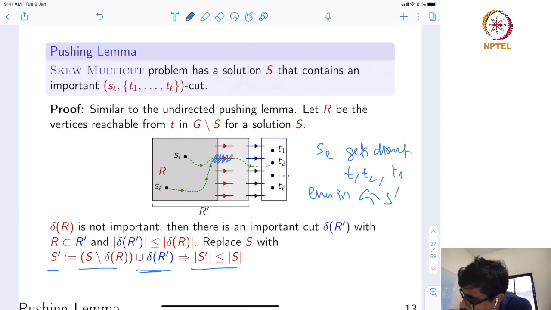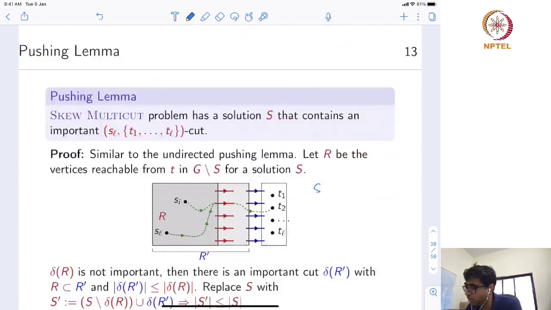It means that the path from SI to TI must be coming inside this R prime, or in fact in R. But what is the property of that vertex in R? This vertex is reachable from SL. It means there is a directed path from SL to this vertex V. Now on this SI to TI path, you follow the path from V to TI.